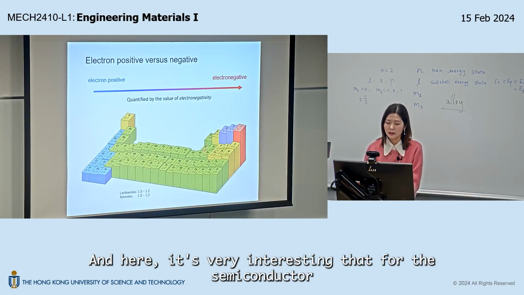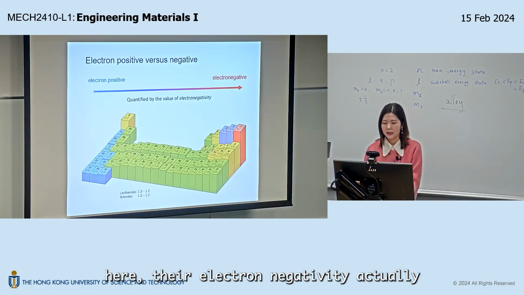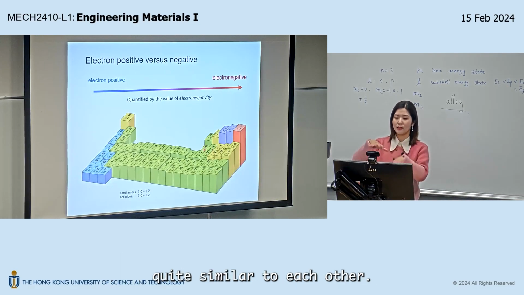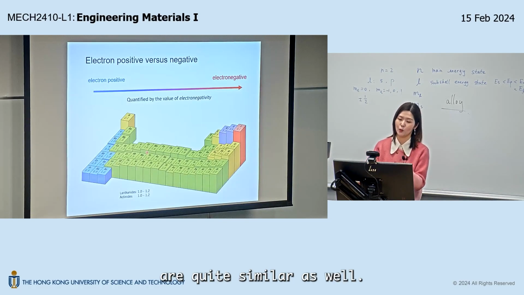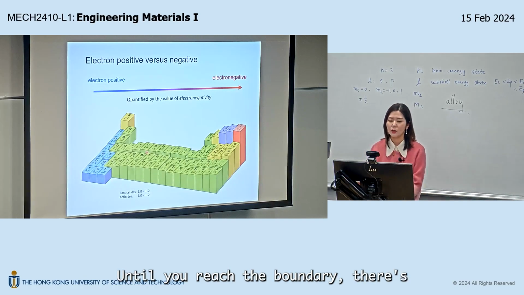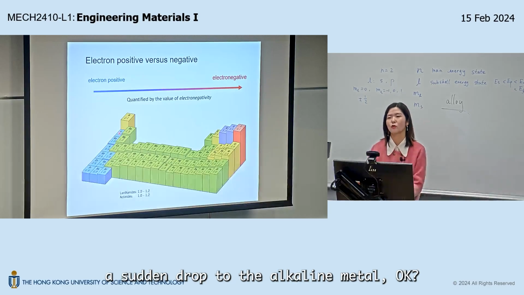And here it's very interesting that for the semiconductors, their electron activity is actually quite similar to each other. Also, within transition metals, their electron activity is quite similar as well. Until you reach the boundary, there's a sudden drop to the alkaline metals, okay?